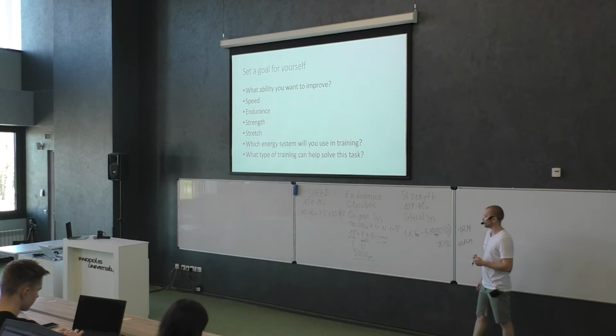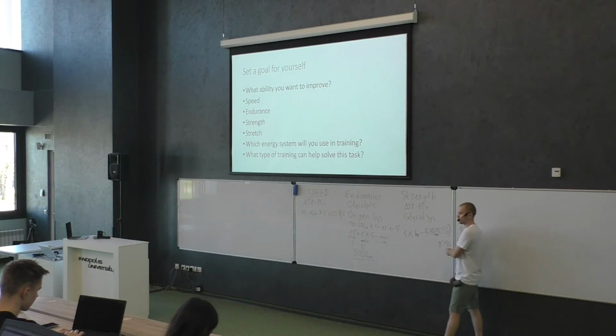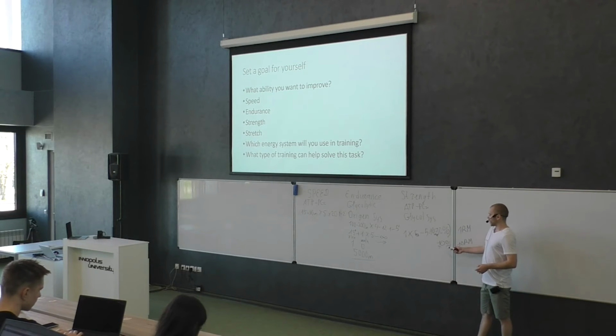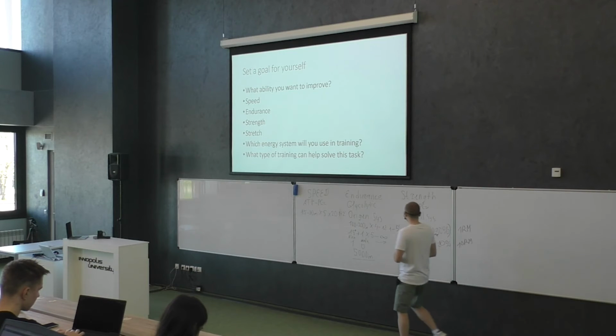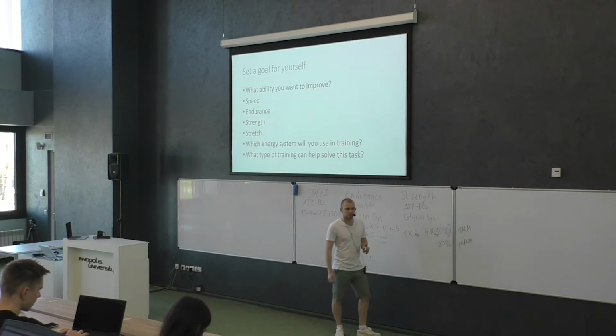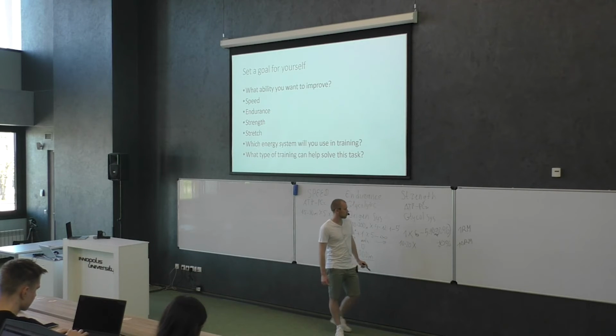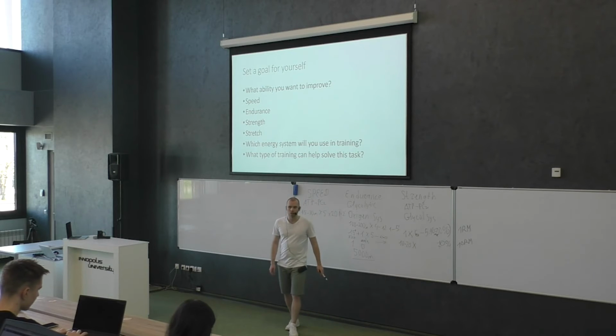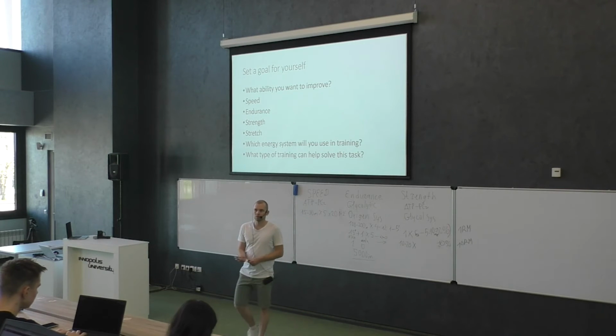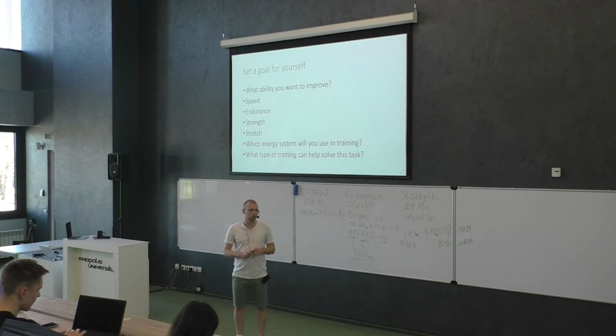So that means you need to do this weight for more than 30 seconds. It should be 10, 20 repetitions. How many times can you do this during one training?